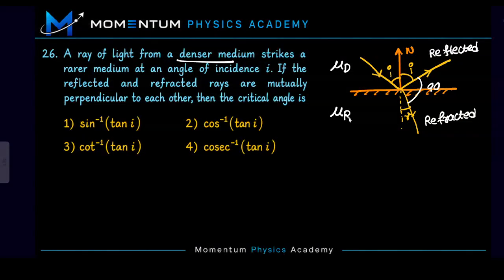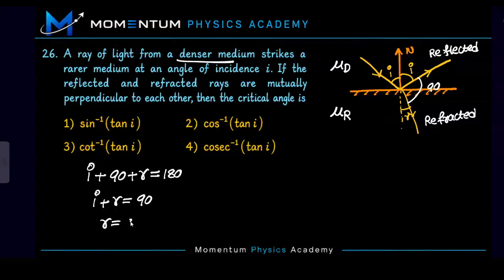So you can see now. Now this total angle which is 180. So we can write it as I plus 90 plus r, which is equal to 180. Then it is I plus r, which will be equal to 90 degrees. Then we can write it as r is equal to 90 minus I.